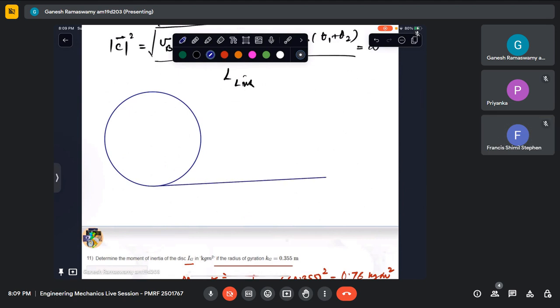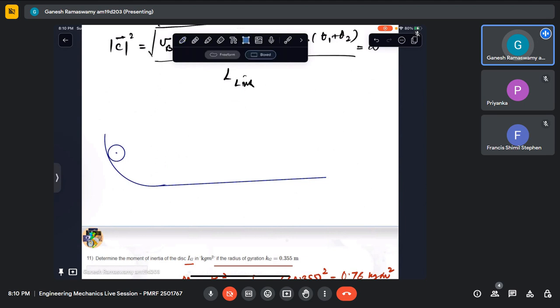You saw the sheet that I posted? No, no. See, velocities are intuitive. You can gauge that from the problem. Accelerations are not intuitive.